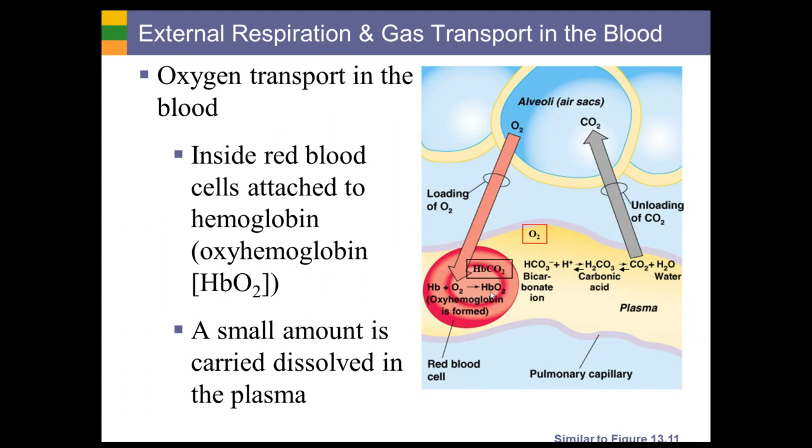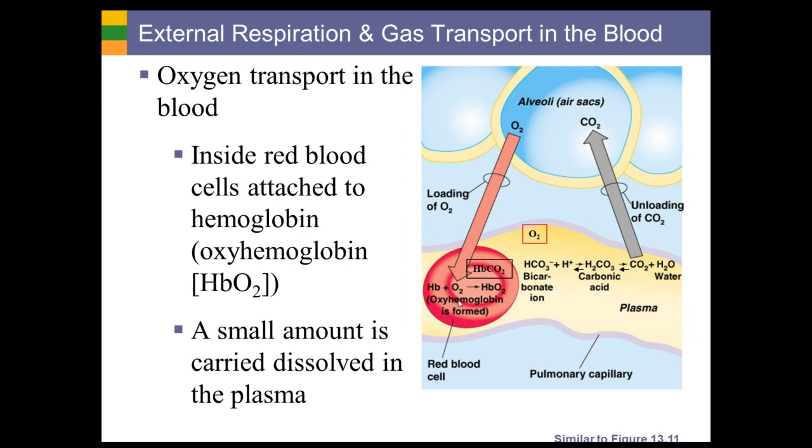Okay? This is where most of the oxygen is carried in the blood, within red blood cells, bound to hemoglobin. In fact, if you recall, a red blood cell can carry roughly 1 billion molecules of oxygen.